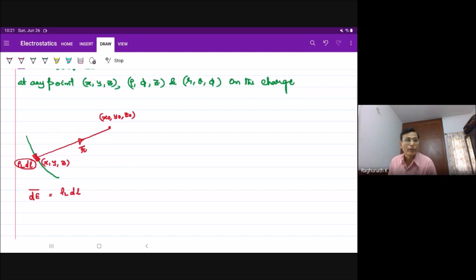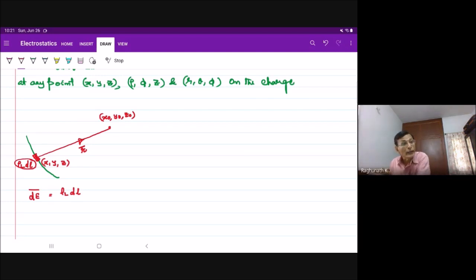Listen carefully. When you talk about this dl, if it is along a line parallel to the x-axis or the x-axis itself, at any x it is dx. At any y it is dy. At any z it is dz.